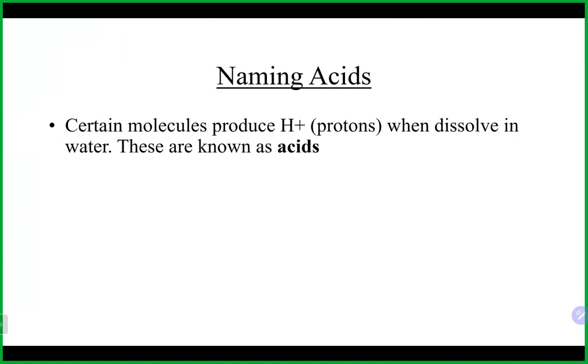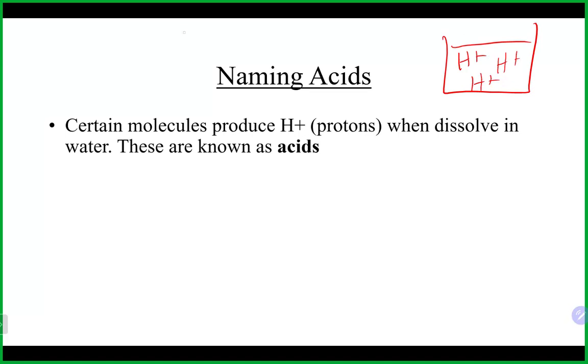Last thing we're going to talk about is naming acids. When we name acids, acids are basically substances that produce H+ ions in solution. So for something to be an acid, it has to have the ability to, in solution, let go of some H+ and allow a bunch of free H+ flying around.